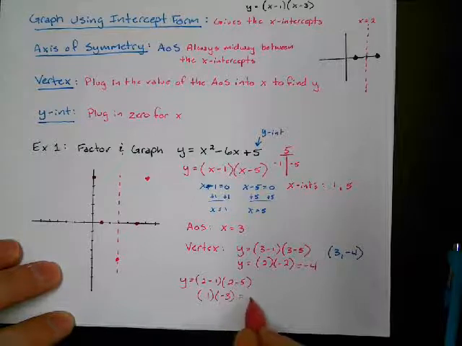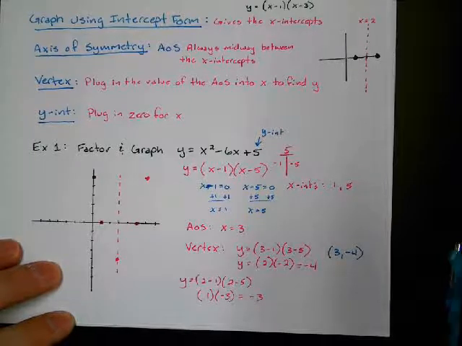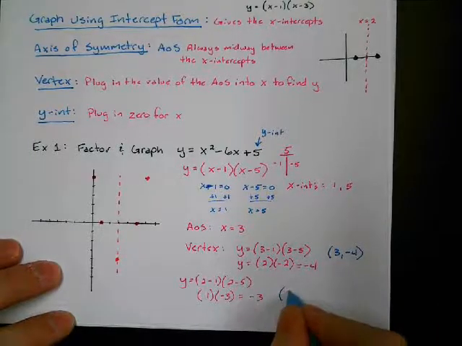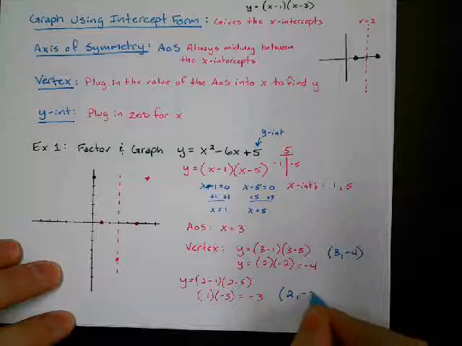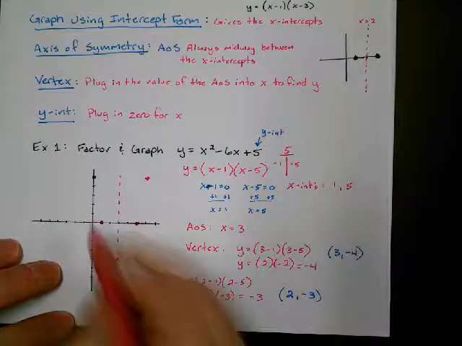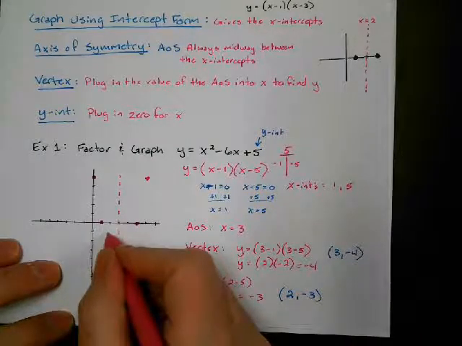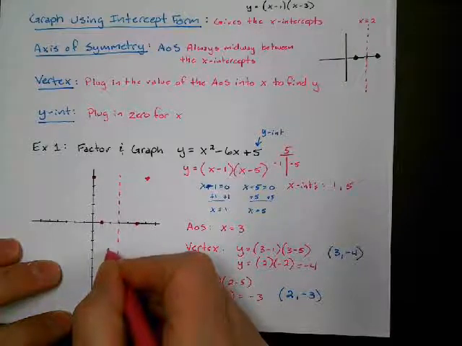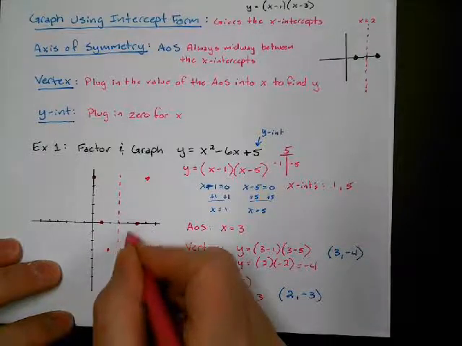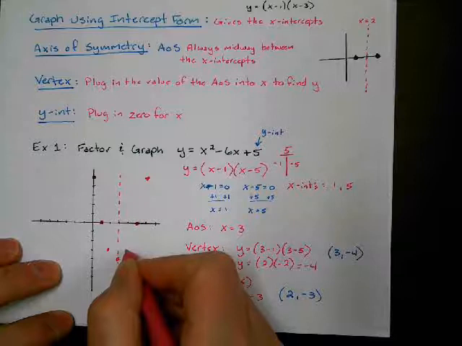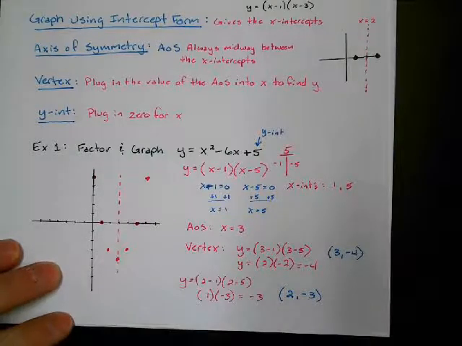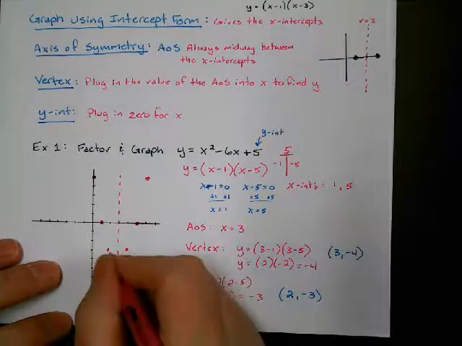So that gives me the point. I plugged in 2, and I got negative 3 for y. So 2, negative 3, 1, 2, 3, is right here. And then on the other side of the axis of symmetry, I should get a matching point because it's a mirror image. And now I've got my parabola.